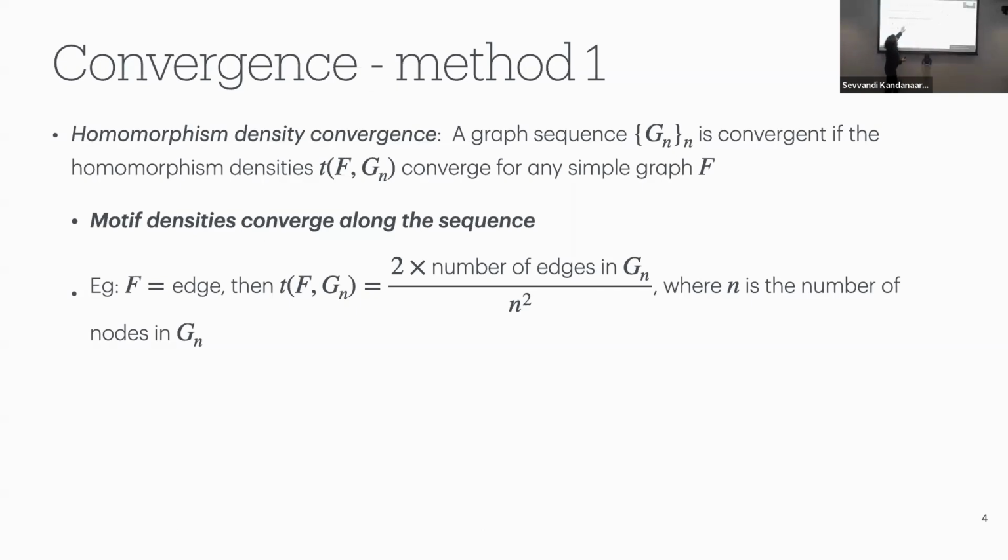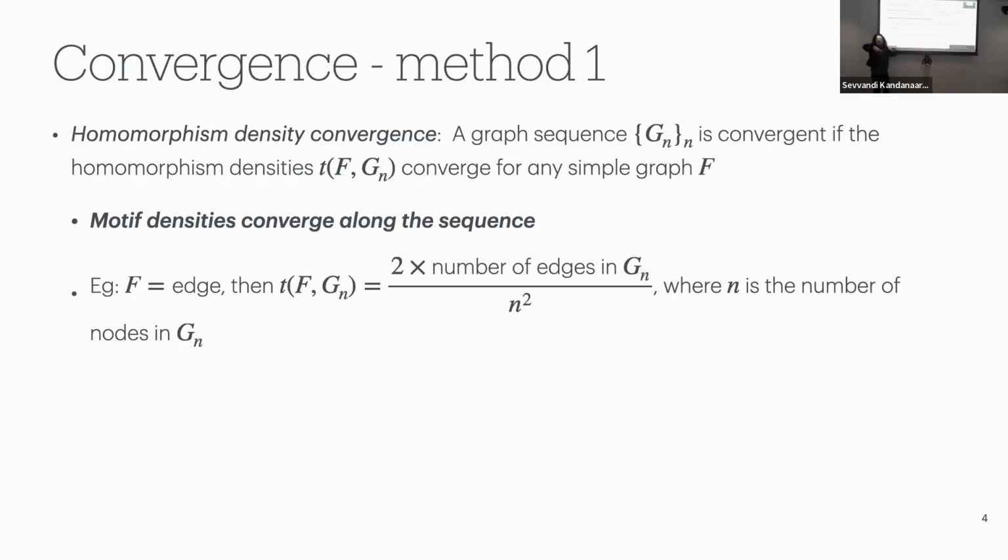and f is an edge, you can see what the edge densities are. Do the edge densities of these graphs converge to something? The edge density is 2 times the number of edges divided by n squared. Then you can look at the triangle densities: the number of triangles divided by the number of all triangles that can be there, roughly n choose 3.